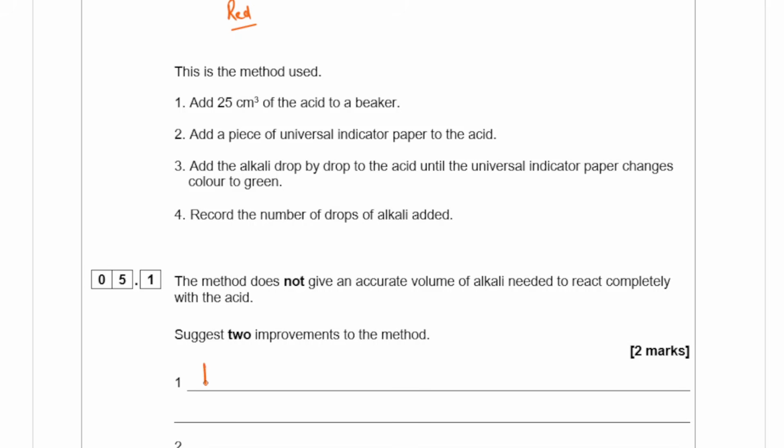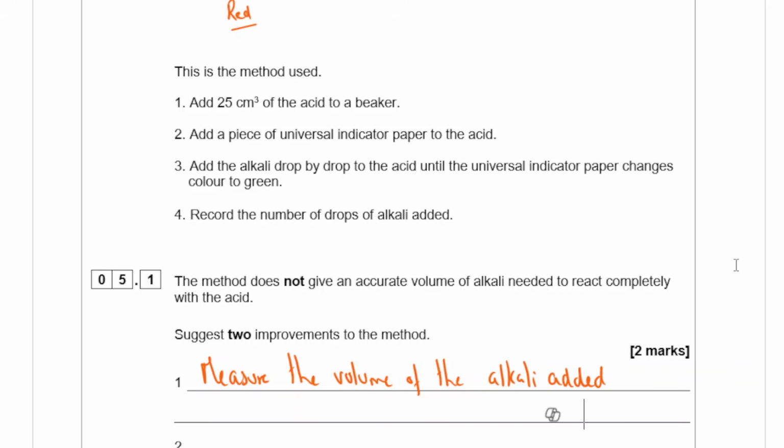So measure the volume of the alkali added.